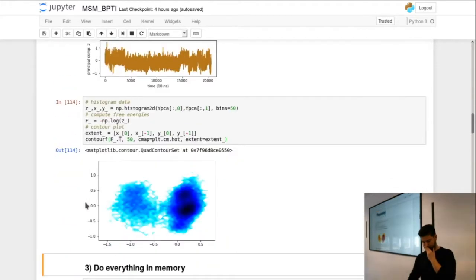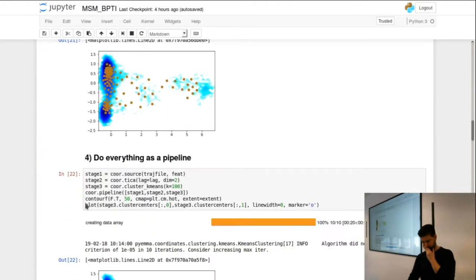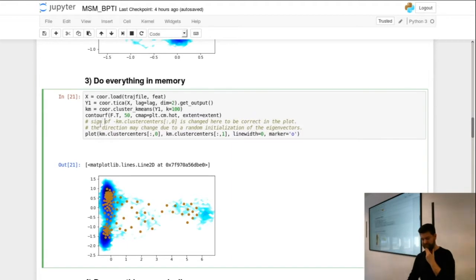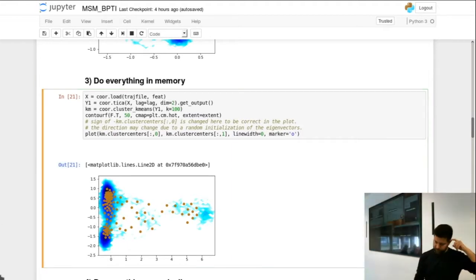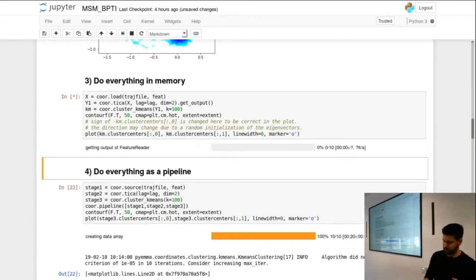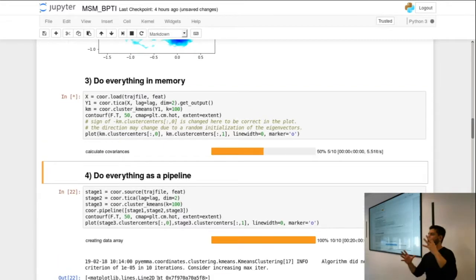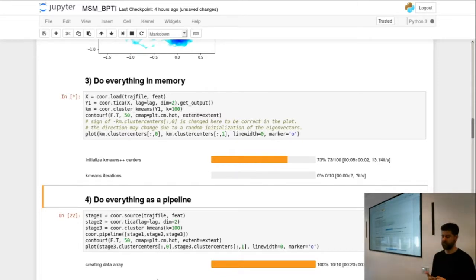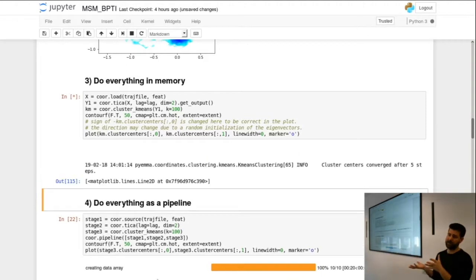Now, these details I'm just going to go over quickly, which are the different ways in which you can handle data when using PyEMMA. There's a way in which you can load everything up to memory and then perform the TICA computation and the projection from memory, with variables that are all in memory.